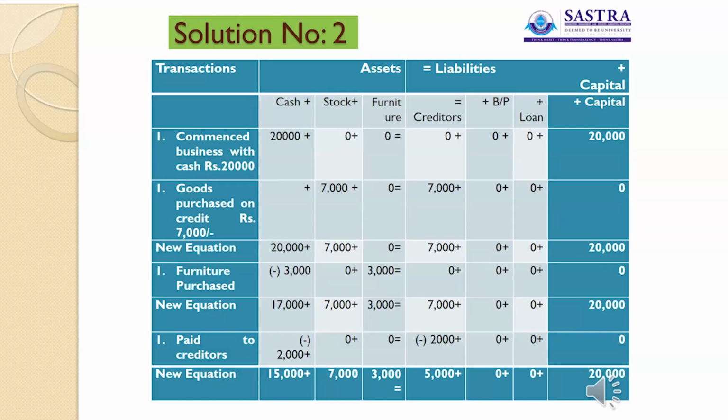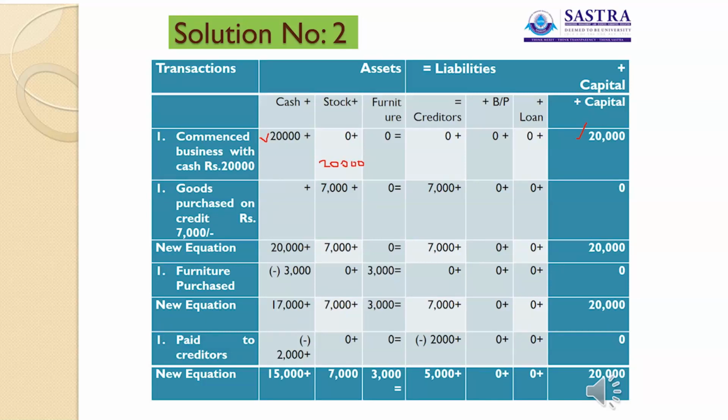Here the first transaction is commenced business with cash. Here what are the accounts involved here? Cash account and another one is capital account. So cash account and this cash column rupees 20,000 and this capital column rupees 20,000. So the equation for this column is here cash 20,000 which is equal with capital account.